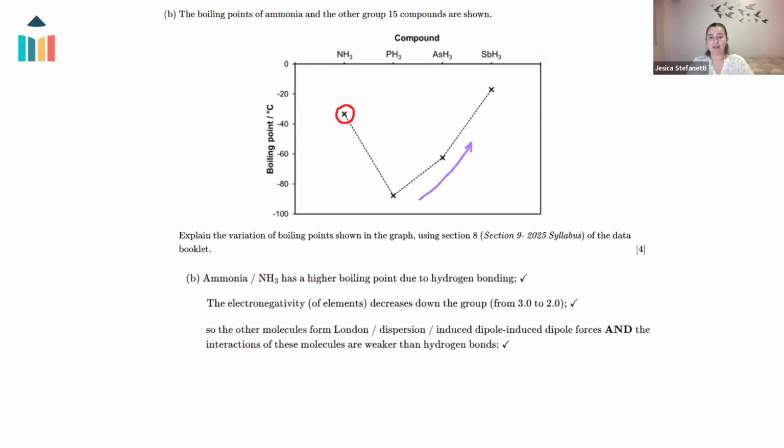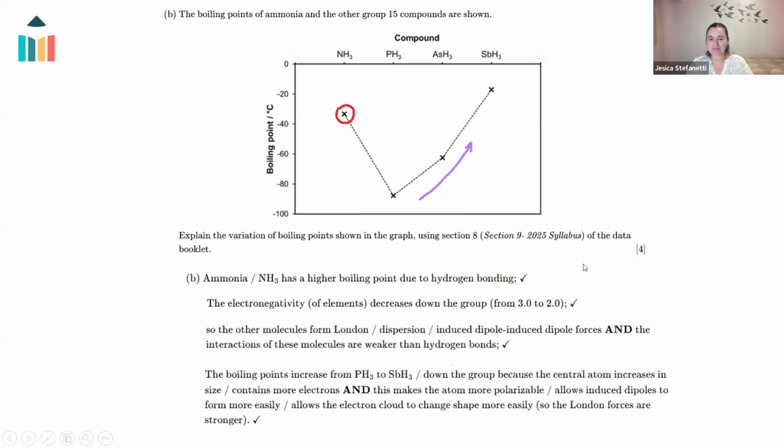Keep in mind that even though the electronegativity might decrease, the size of the central atom is increasing, and so more electrons are involved there. As a result, we have more London dispersion force. I mean, there are more intermolecular forces, and so we have this increasing trend. Even though ammonia is an exception, we have this increasing trend because the attractions are getting stronger.